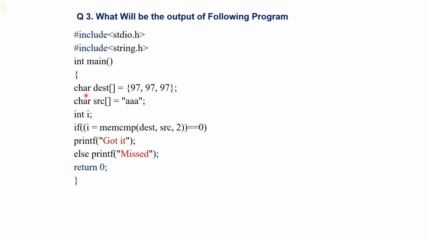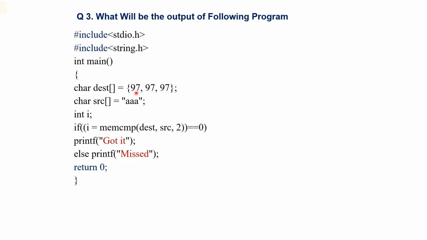So here the first statement is the declaration statement where a character array is declared, named dest, and it is initialized with the integer values 97, 97, 97. After watching all my videos of data types, you now know that a character variable can hold an integer value, which will be equal to the corresponding ASCII character.